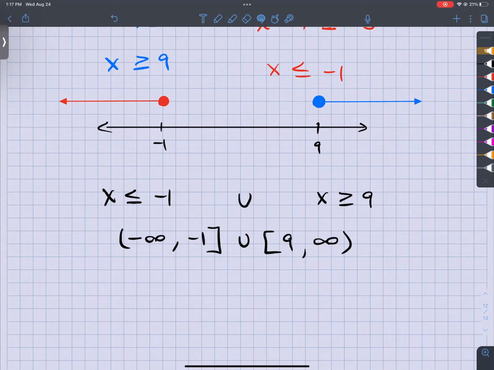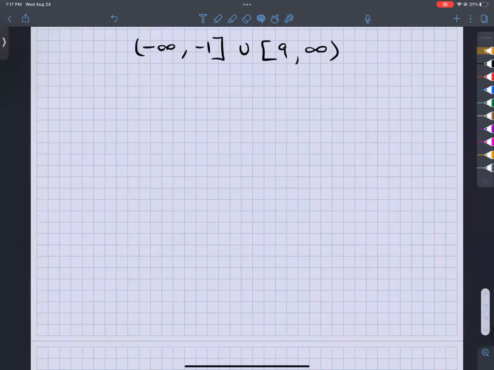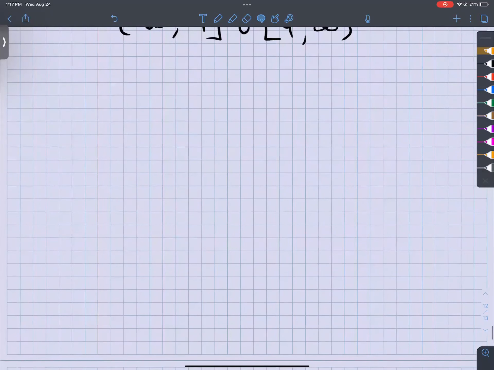The union says it's both, right? And it really is. It's this interval and this interval together. These are all solutions. Not this could be a solution and this can be a solution. Kind of like when we do factoring, right? It's one or the other, so that's why it's a comma for that reason. Okay. All right. So it's something, well, I'll just put down 2.1.